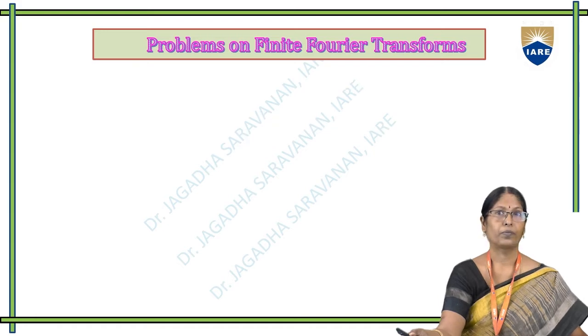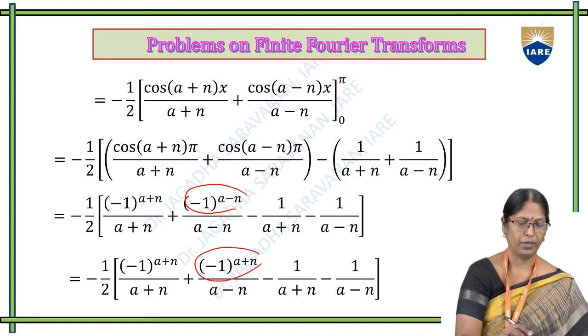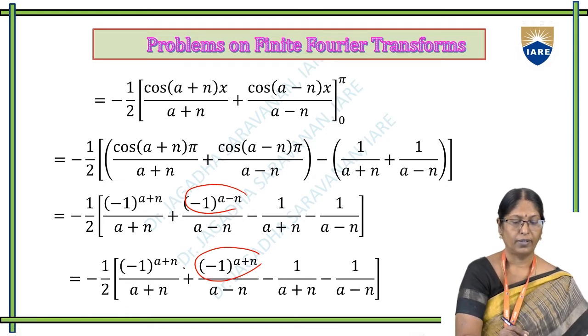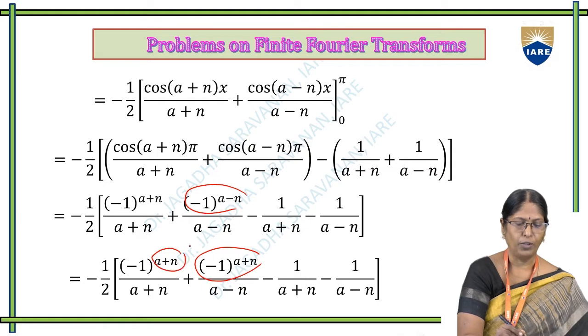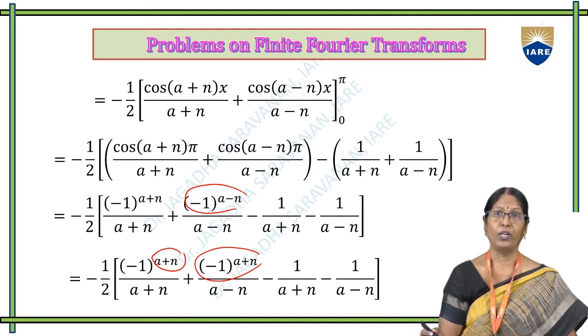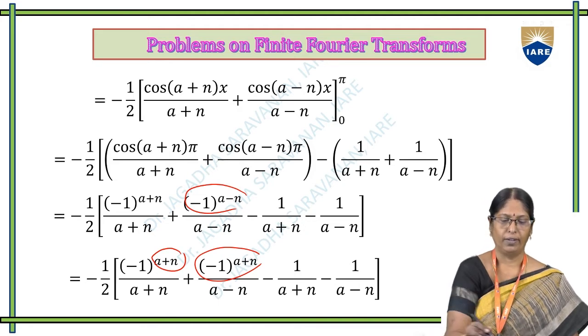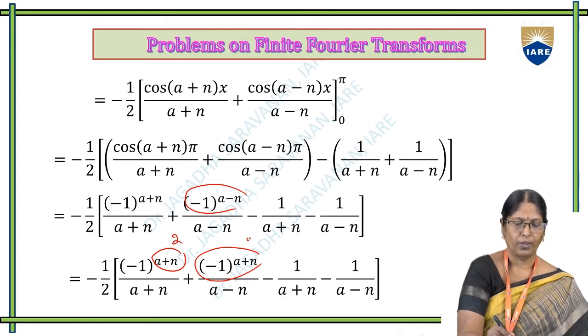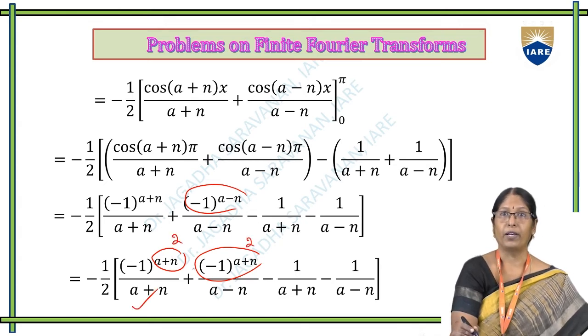Now we can see the substitution part. Here we say this value a plus n, put together, is either even or odd. We are going to take the value 1 or 2. So suppose a plus n is even, suppose this is 2, then what will it become?